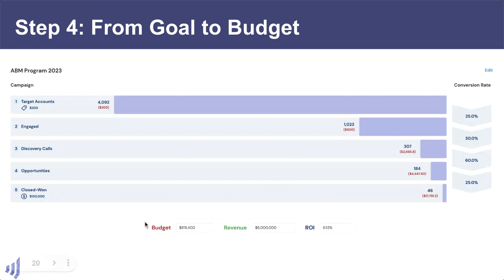And so if one customer is worth 130,000, it means that I need to close 46 of them. Based on my win rate of 25% from opportunity, it means I have to generate 184 opportunities, and typically my conversion from discovery call to opportunity is about 60%. So I need 307 discovery calls and so on and so forth. So you can see the way it works.